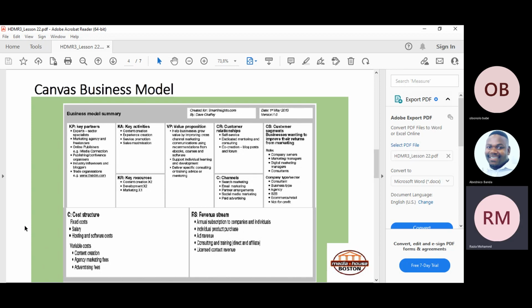So the key partners as per this business model, so maybe marketing agency and freelancers, maybe industry influencers and bloggers, because for things like Huggies and stuff, I've seen influencers actually influence with their babies. So maybe they can use the toys to influence with their babies.